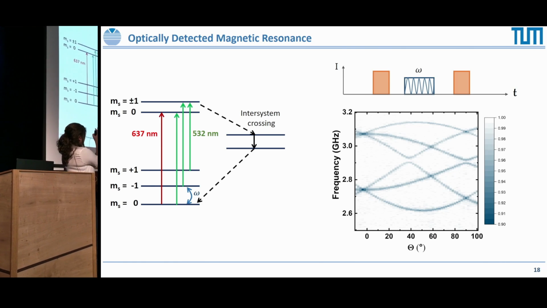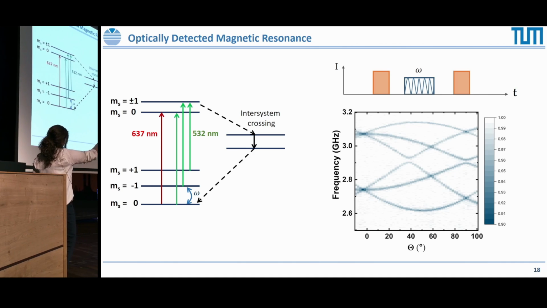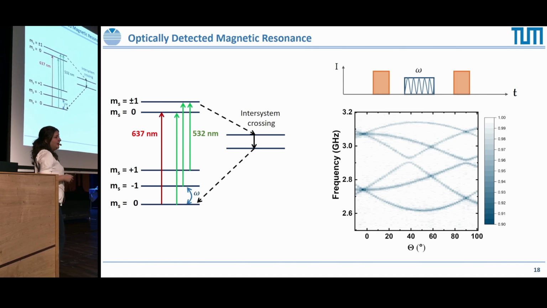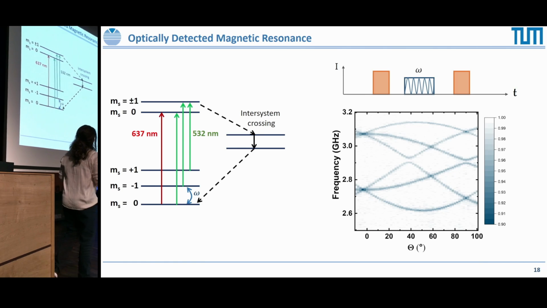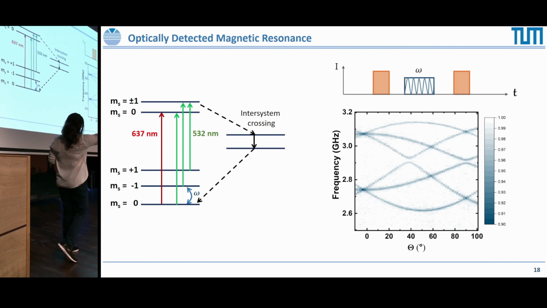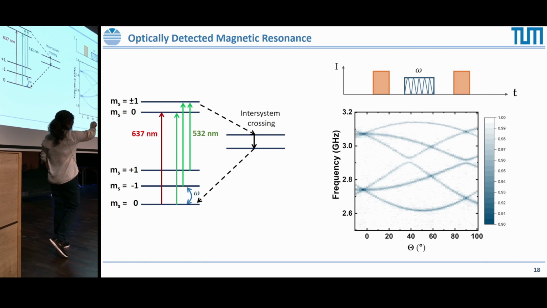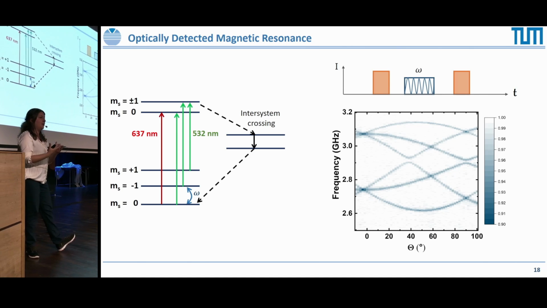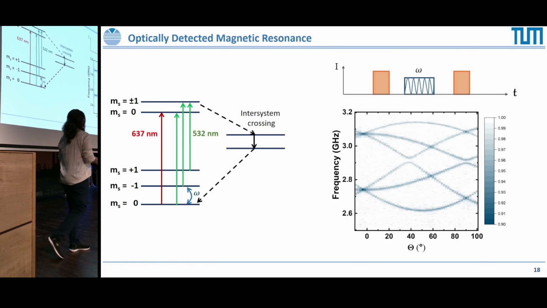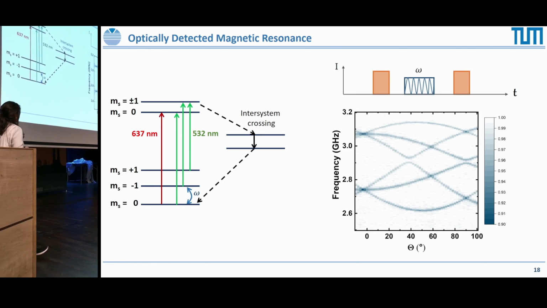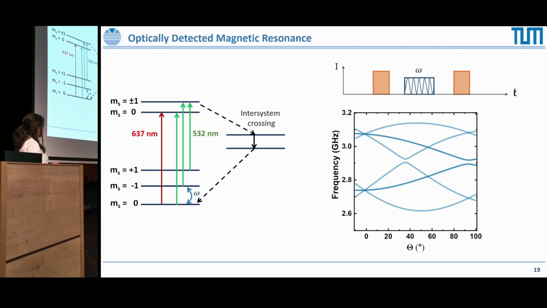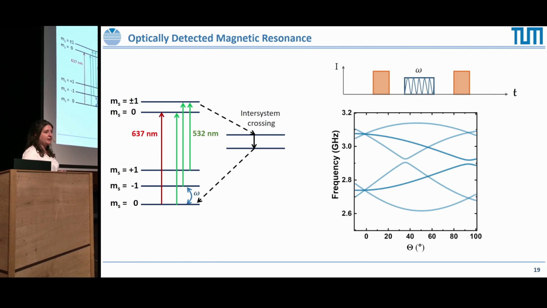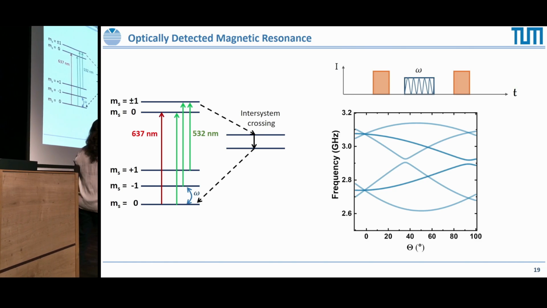So here I'm just sweeping the angle, and you can see all sorts of lines. Because we are working with an ensemble, we expect to see 6 lines due to the fact that we have 3 possible NV orientations. And we can simulate this very well with a very easy toy Hamiltonian, so we think, okay, we can understand this.